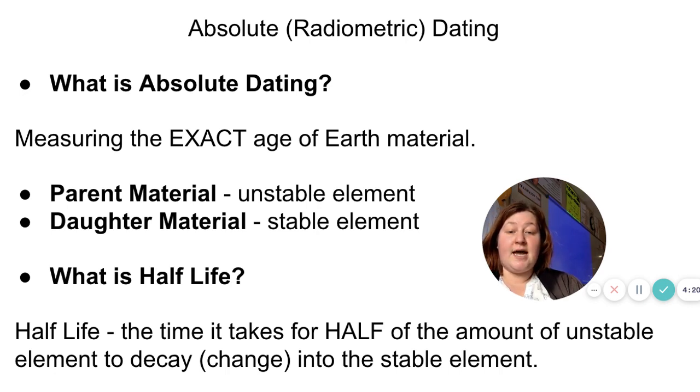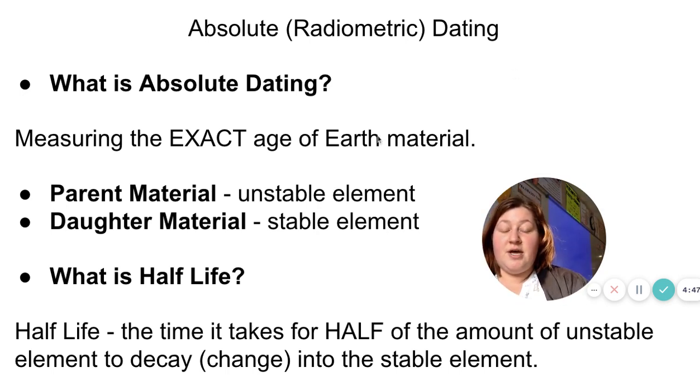So basically, it's the time it takes for half of the parent material, the original element, to decay into the daughter material, or that stable element. By looking at this rate of decay from the parent to the daughter material, we can figure out the age. We can kind of work our way backwards to figure out the age of that element.